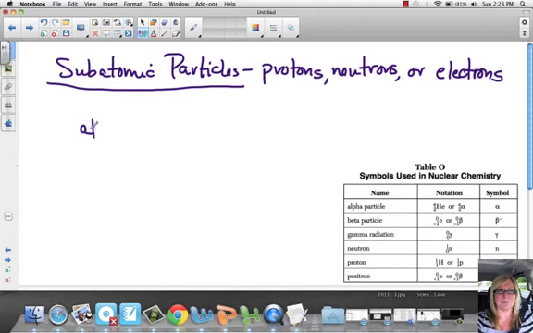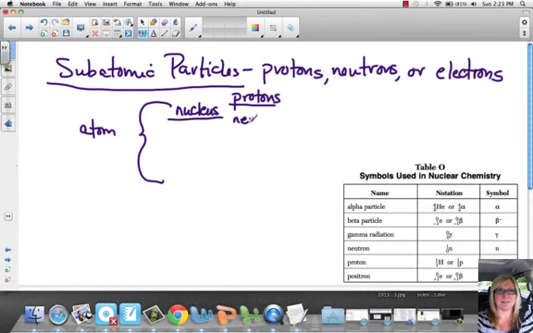So we have the atom, and it has a nucleus which contains the protons and the neutrons. Protons have a positive charge, neutrons have no charge.